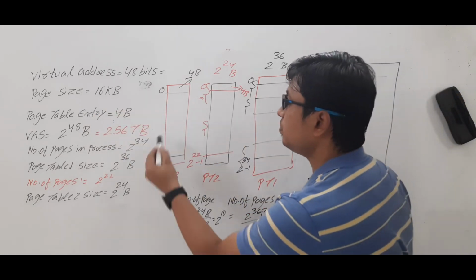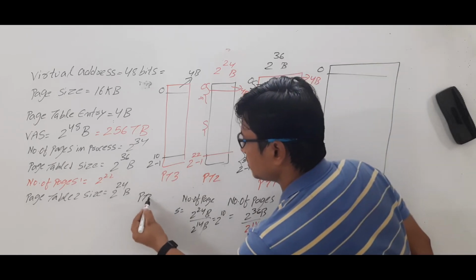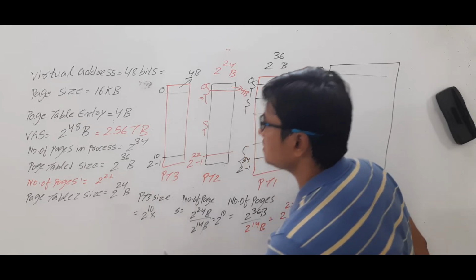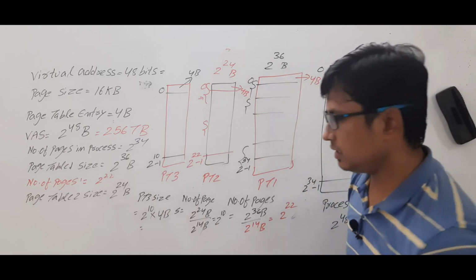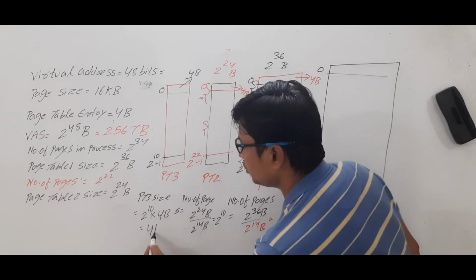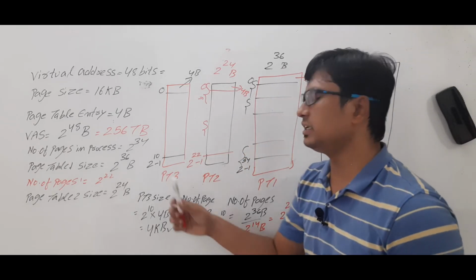So if you have 2 power 10 entries, let me compute the page table 3 size. You have 2 power 10 entries and one entry is 4 bytes, and 2 power 10 is 1K. So you have 4 KB of information in page table 3.